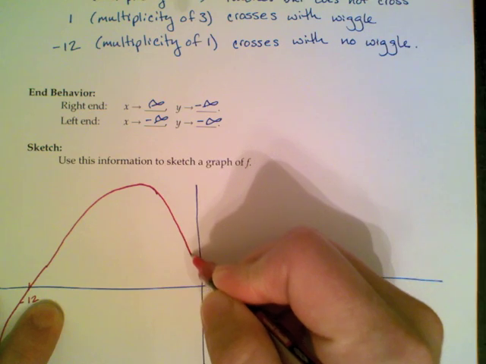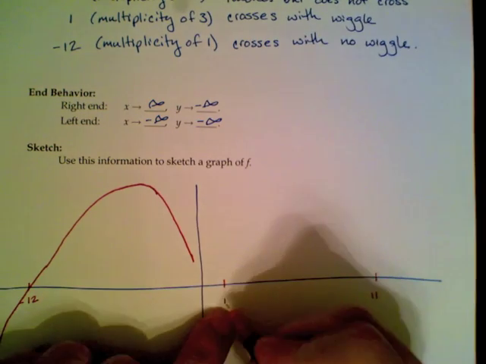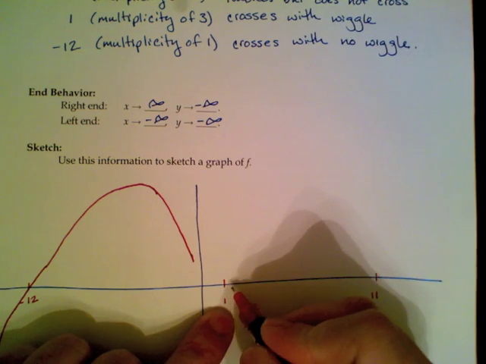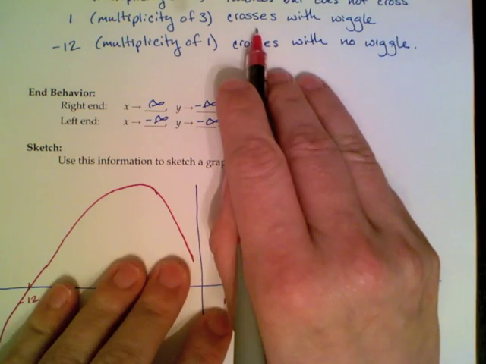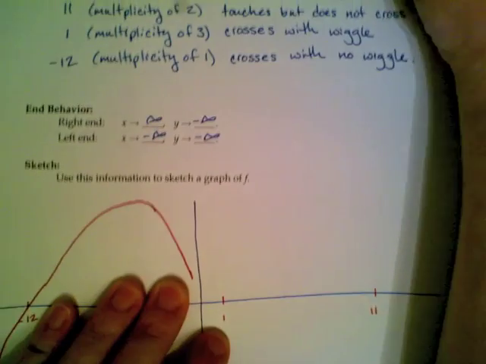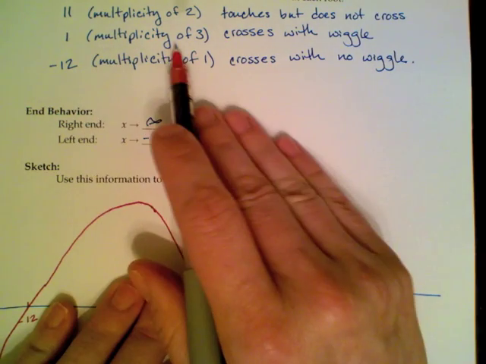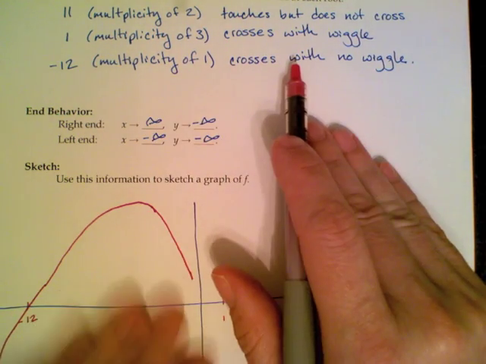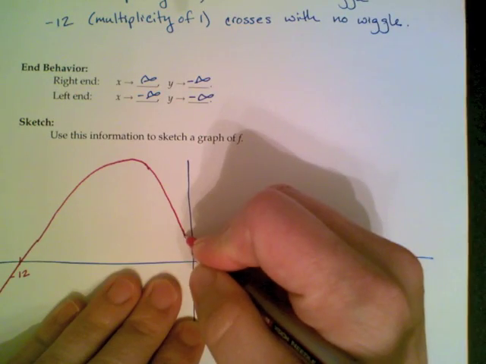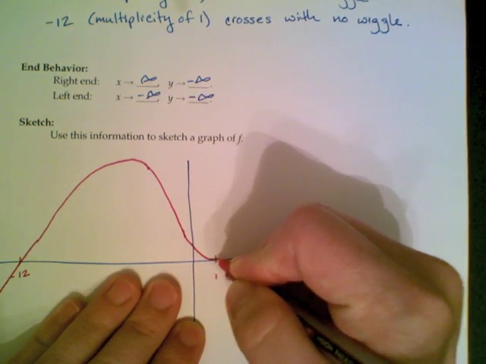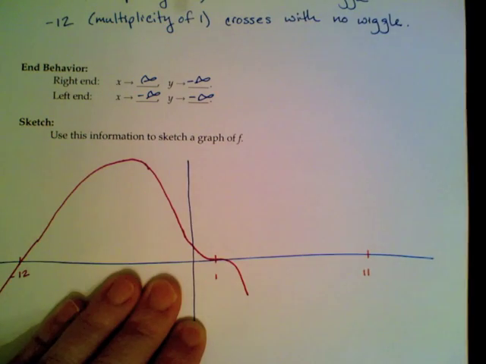But like I said, this is a rough sketch. So I'm going to cross at 1. But notice that I said up at the top here, since the root of 1 has a multiplicity of 3, this crosses with a wiggle. So I'm going to sketch in it crossing with a wiggle.